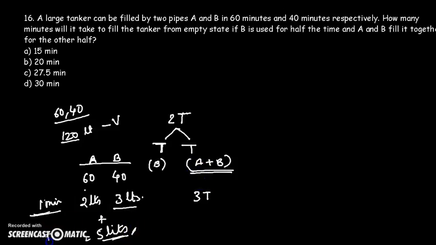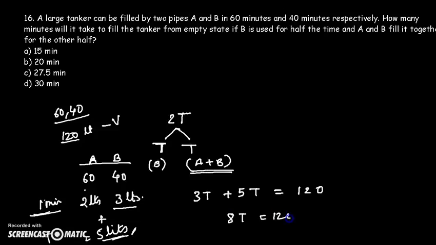So, in t minutes, they will pour in how much? 5t liters. Now, according to the question, this 3t plus this 5t is nothing but the total volume of the tanker, which we had assumed to be 120.